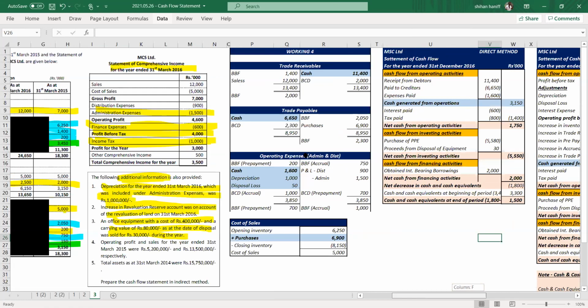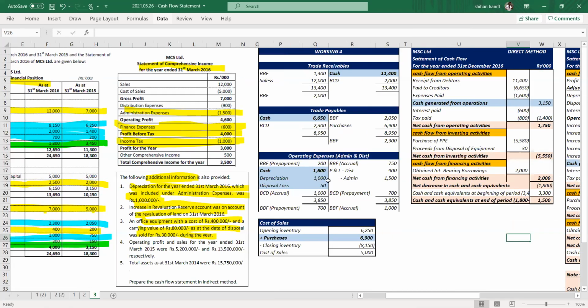So in operating expenses, administration and distribution, what you have to identify is how much is cash paid, right? So first you take opening and closing balances. This opening balance and the closing balance.